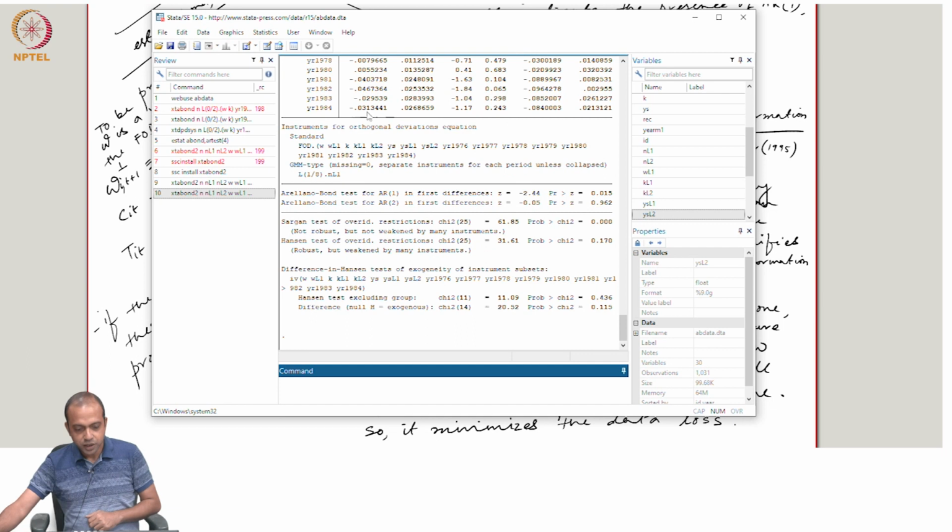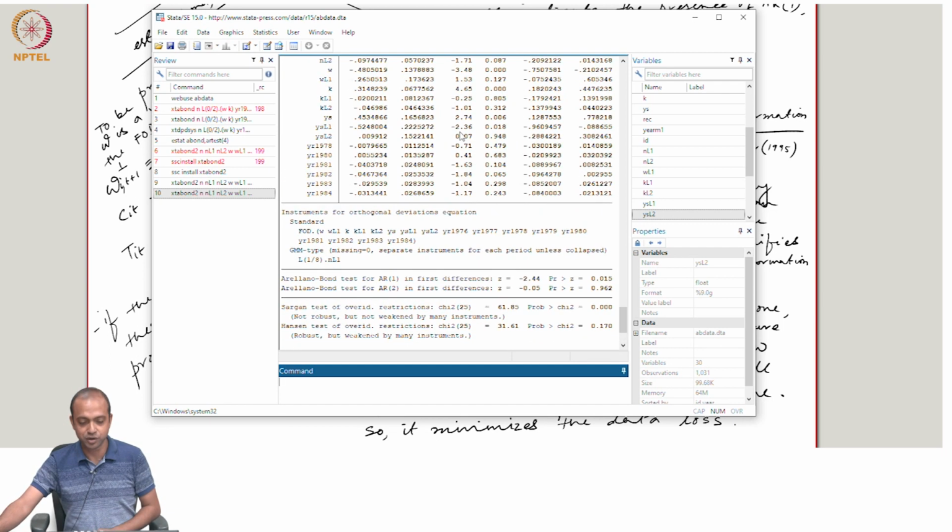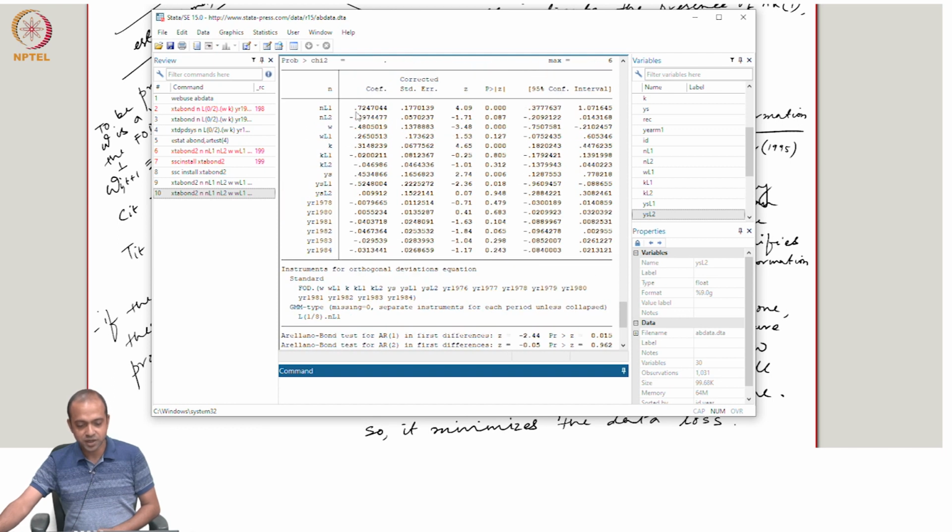Now, look at instruments for orthogonal deviation equation, that is what we got, right. Once again, the NL1 is 0.72. So, since some of the observations are missing here, this is an unbalanced panel.